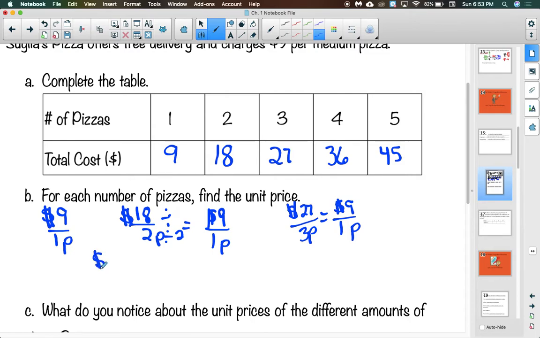$36 for 4 pizzas. I would divide the numerator and denominator by 4, and I'd get $9 for one pizza. Last ratio in our table is $45 for 5 pizzas.